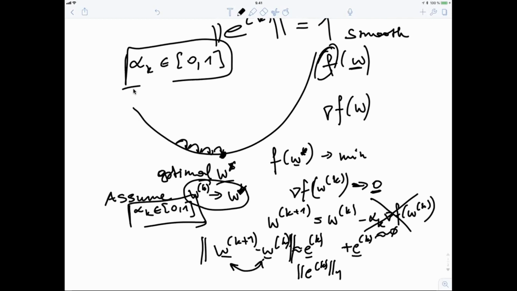But this contradicts the fact, due to the perturbation, that the norm is more and more equal to 1. So there cannot exist a sequence of weight vectors that converges to the optimum for any choice of step sizes that satisfy this constraint. So they are between 0 and 1.